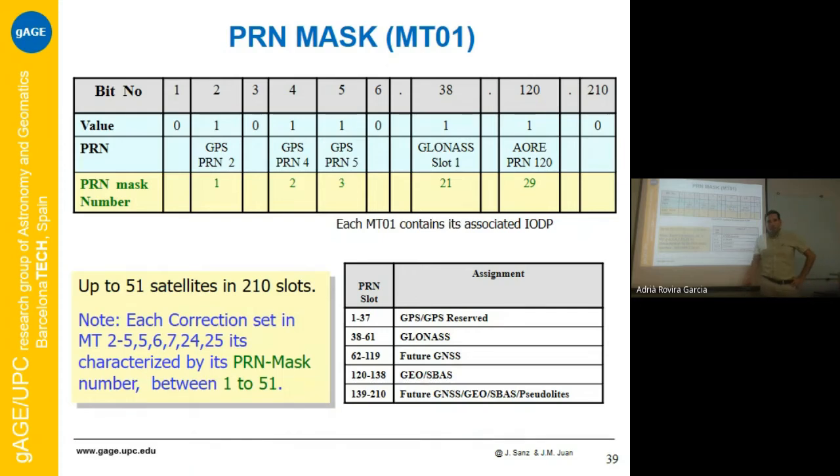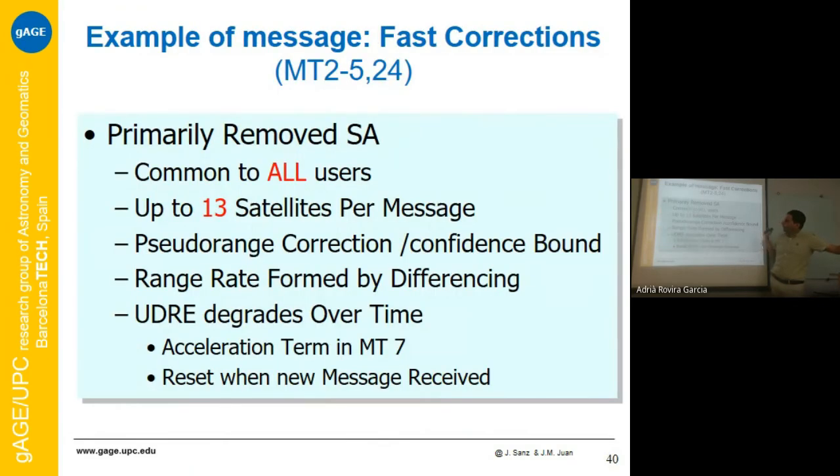This is the mask, for example, that is telling us which are the satellites, up to 51 satellites. This is the number of slots that we can use. And here you have an example of using the fast corrections.